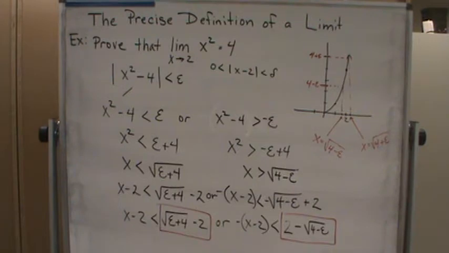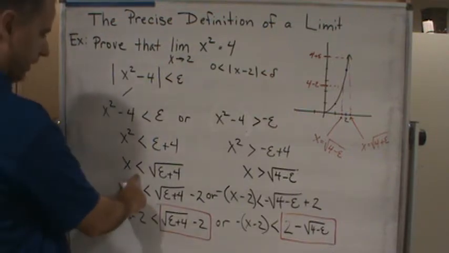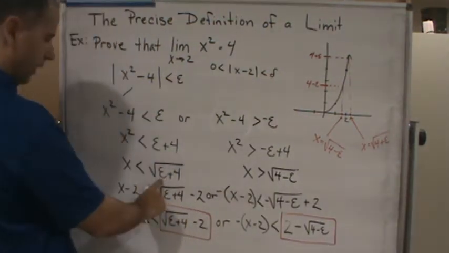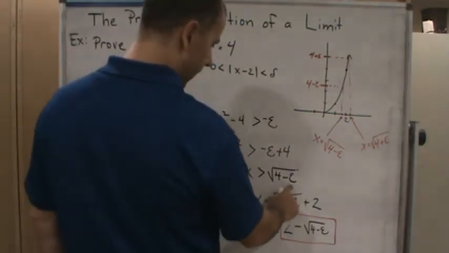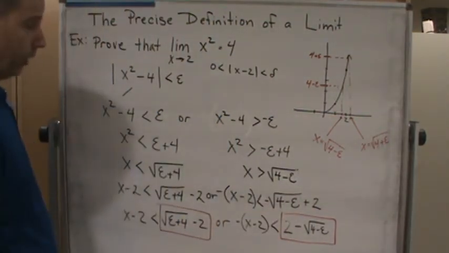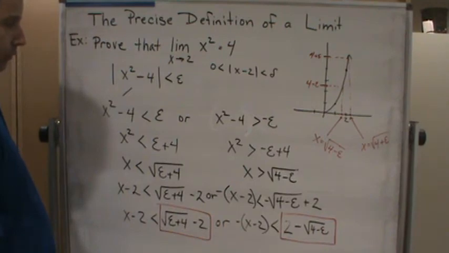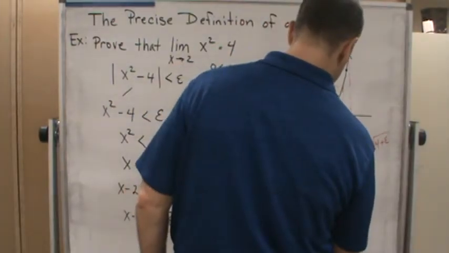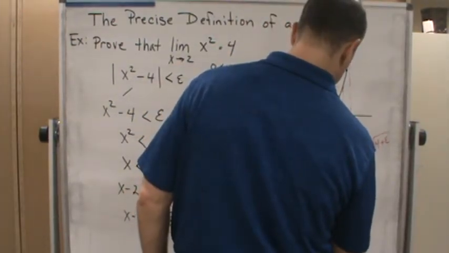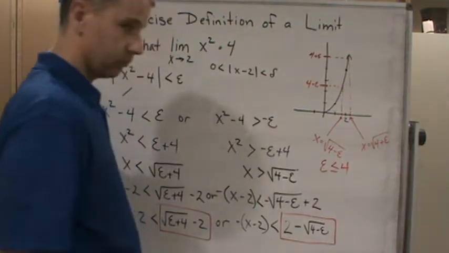Less than or equal to 4. Okay? Because we have this or we have this. Here, if epsilon's positive, we don't care, we just get another positive number. But here, epsilon has to be less than or equal to 4. Okay, and that's okay. So we definitely want epsilon to be less than or equal to 4.